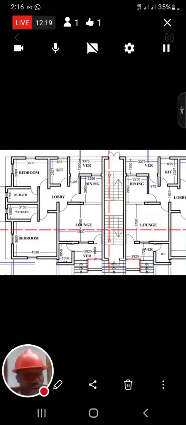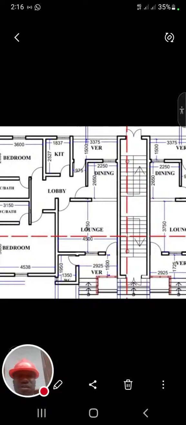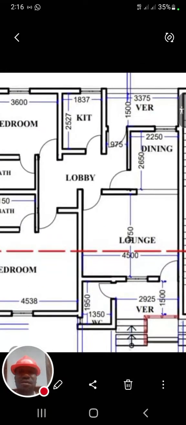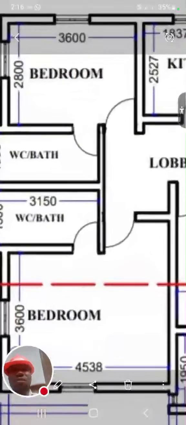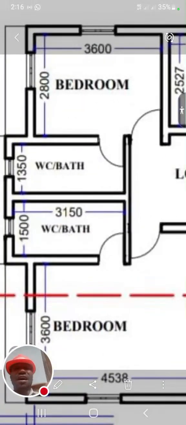So these are number three. Number four, you have to understand the dimensions properly. As you can see, this bedroom is 2,800. This side is 3,600. This drawing is drawn in millimeters.